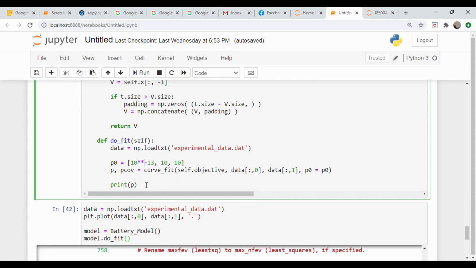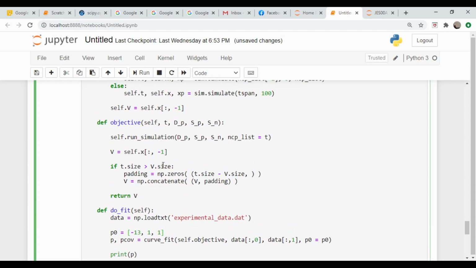So our initial guesses, instead of 10 to the minus 13, it's just going to be 13. 10 to the S sub p is not 10, so log of 10 is 1. Likewise, log of 10 is 1. So we're passing in these numbers, and in our simulation up here, we're going to have to rescale these parameters.